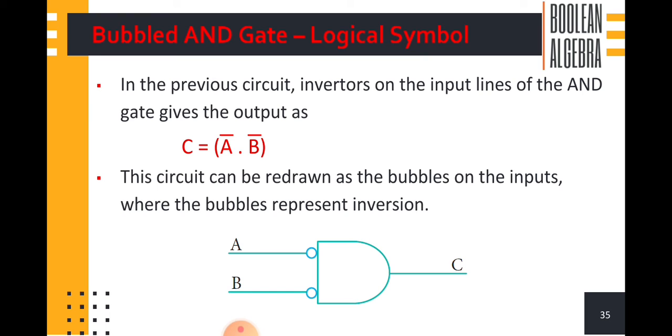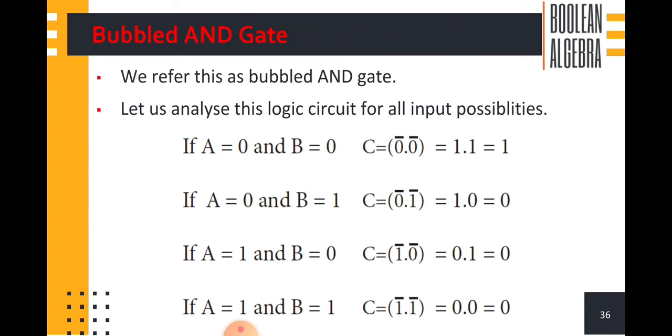So we call it a bubbled AND gate. We are passing the inputs A and B to the AND gate. Before passing directly to the AND gate, we invert the inputs and then pass them. We get the output C equal to A complement into B complement. Okay, so we refer to this as a bubbled AND gate.